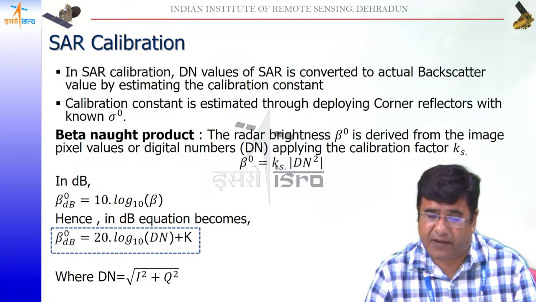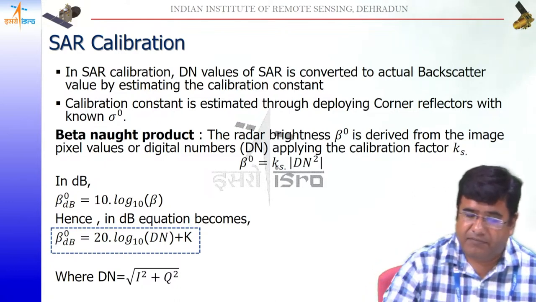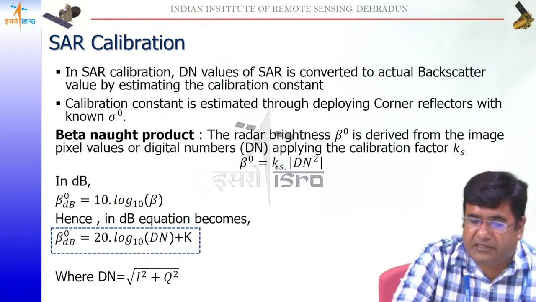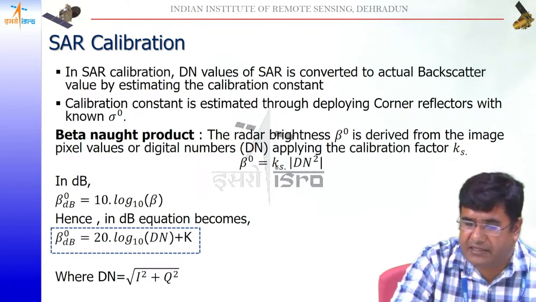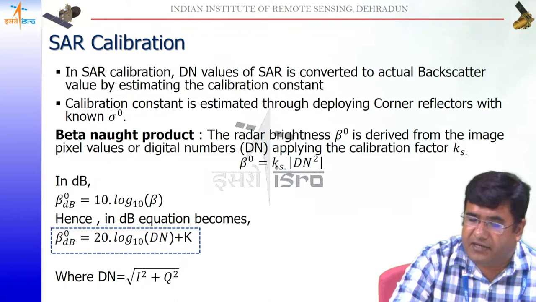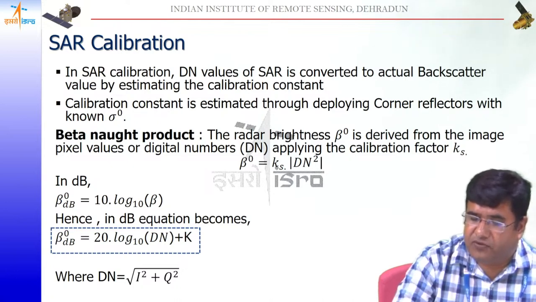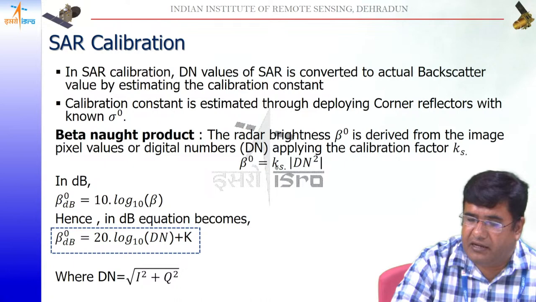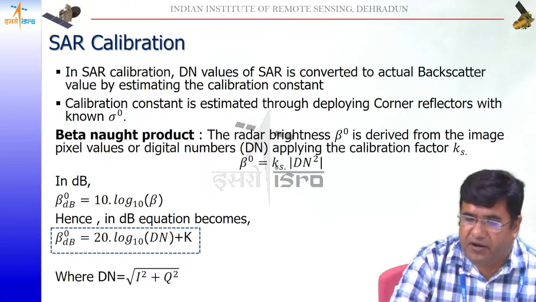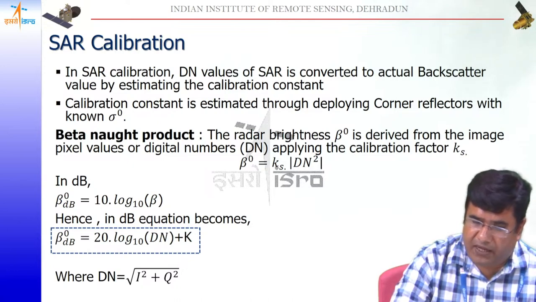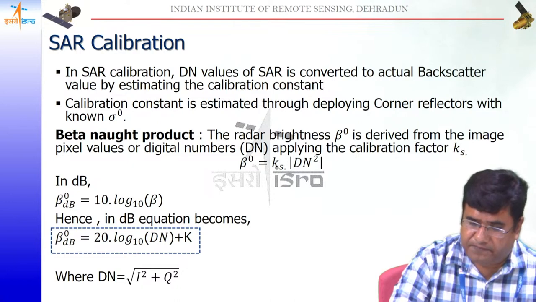Actual backscatter means we have to find out the energy, because SAR backscatter is observed by the SAR sensor and then it is converted to digital numbers. So in an image, the backscatter energy is coming as DN values. Now to convert the DN values to the actual backscatter value, we have to do some calibration.